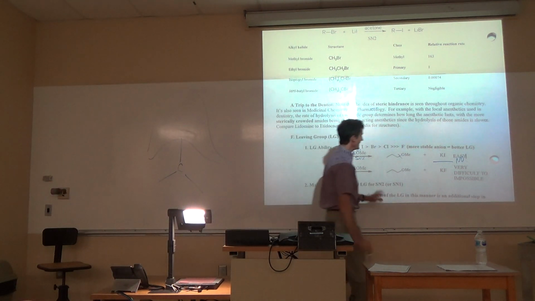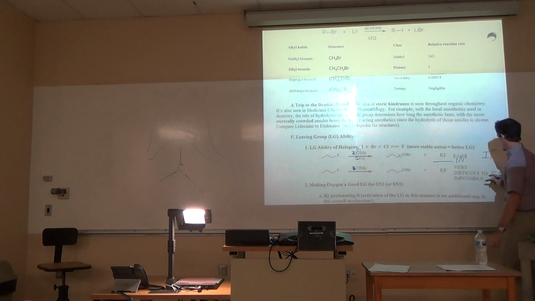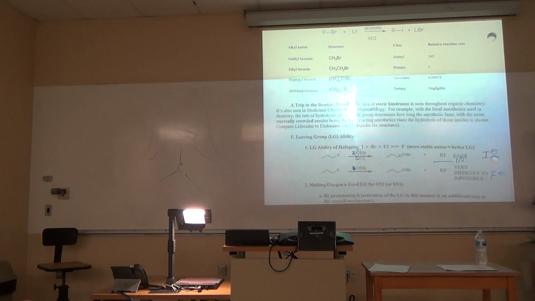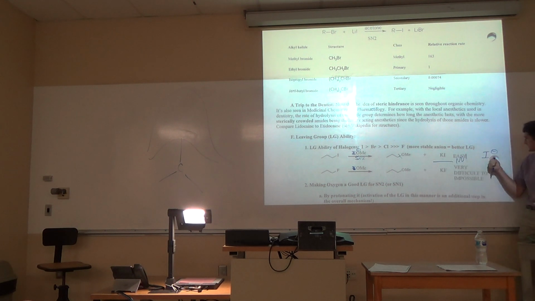Why is iodine such a better leaving group? Well, let's look at it. I minus versus F minus. Lone pairs are here. Which is more stable? I minus is much more stable because it's larger. I minus is much more willing to leave and become anionic.